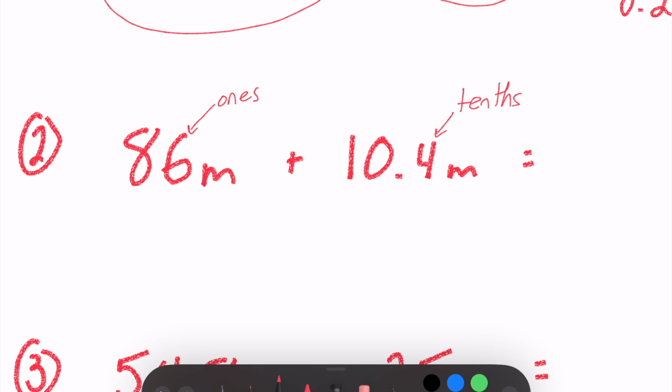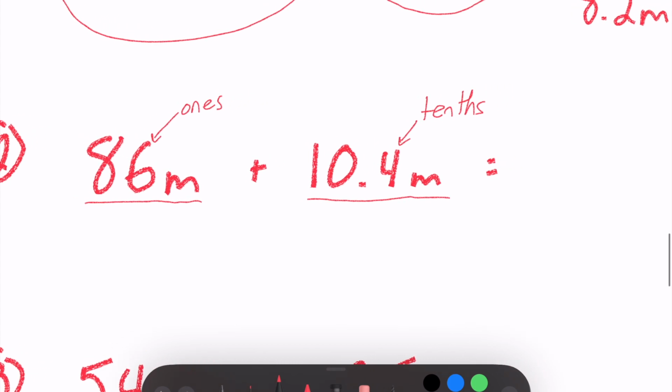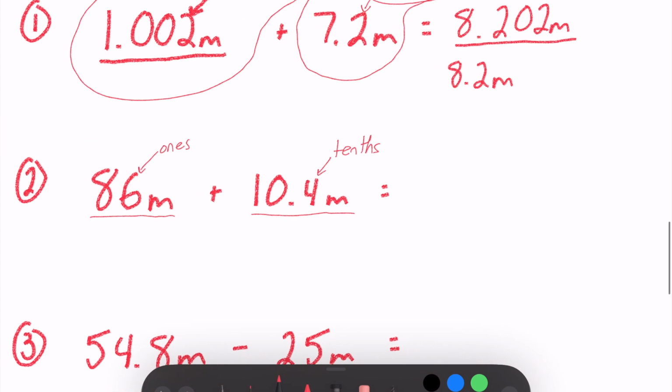Which number is more accurate? 10.4 meters is more accurate. That makes 86 meters our least accurate measurement, so we can only keep our answer to the ones position.